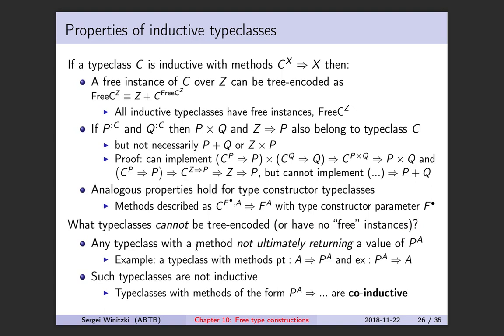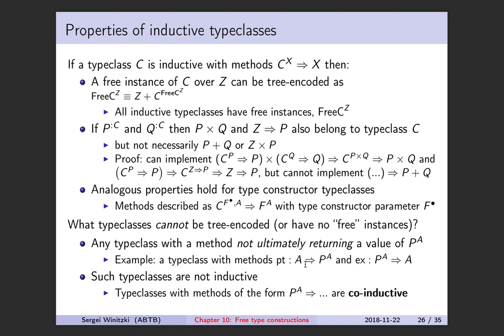In general, any type class that has a method that's not returning a value of that type, that's not inductive. The reason is methods must be of this sort. So if you have methods not of this sort, that do not return values of this type, then it's not an inductive type class.